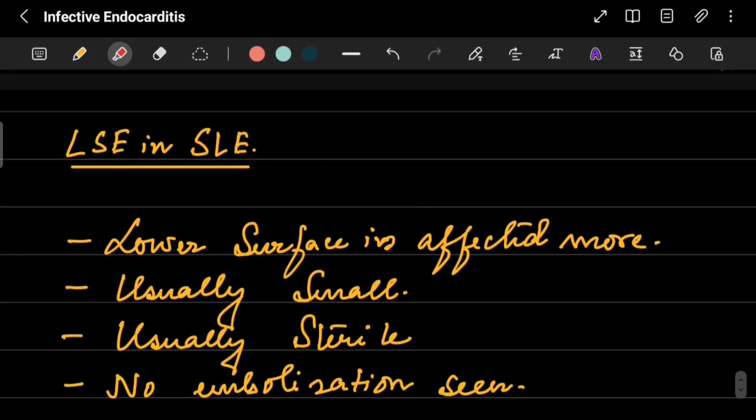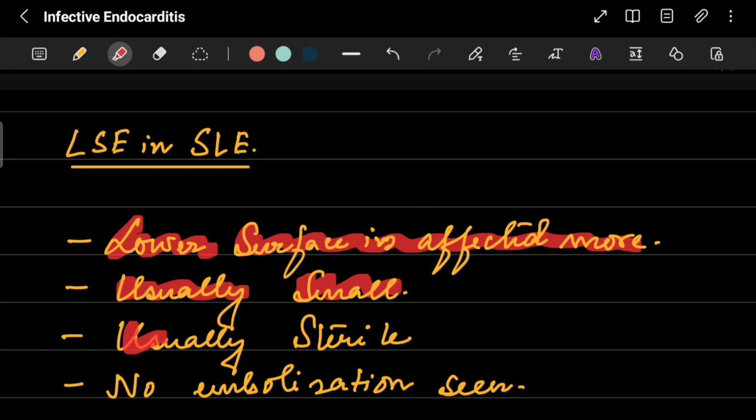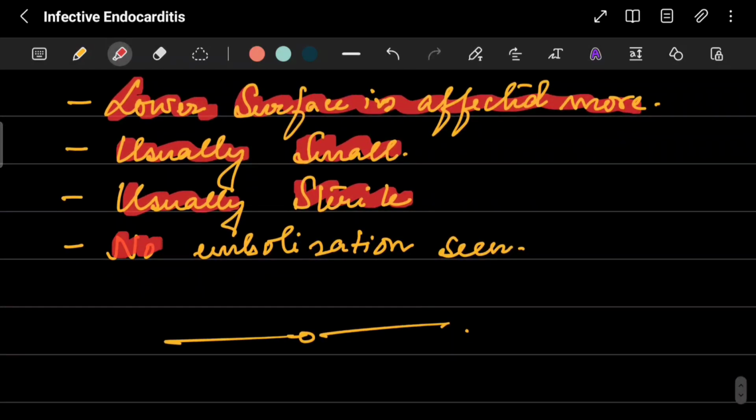Now let's talk about Libman-Sacks endocarditis in systemic lupus erythematosus. In this case, the lower surface of the valves is more affected. These are usually small and usually sterile as well. But in here, no embolization is seen, as is seen in case of NBTE.